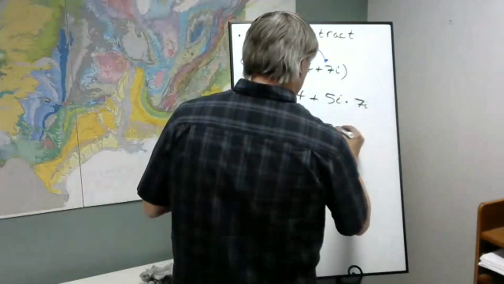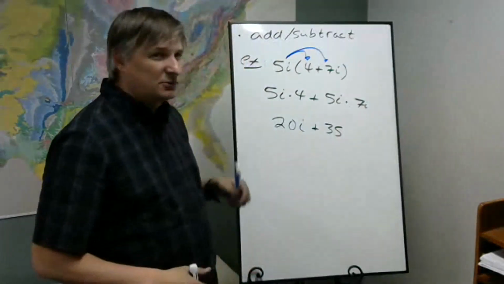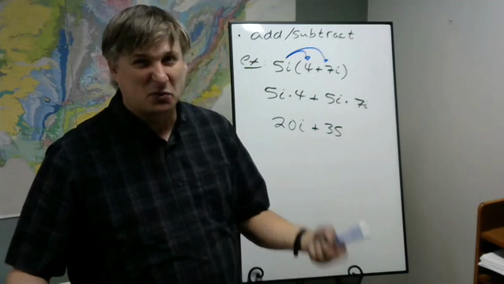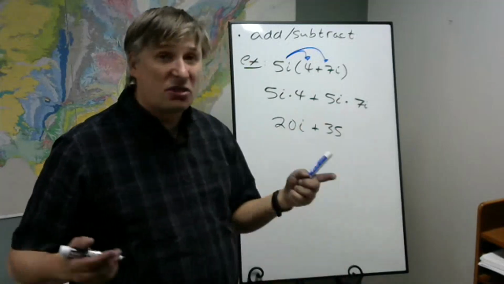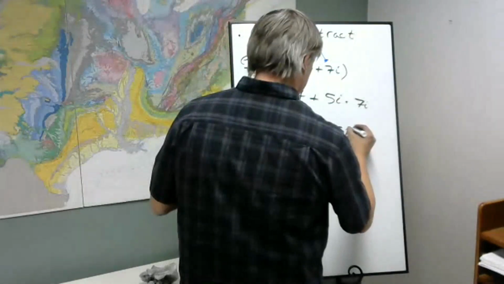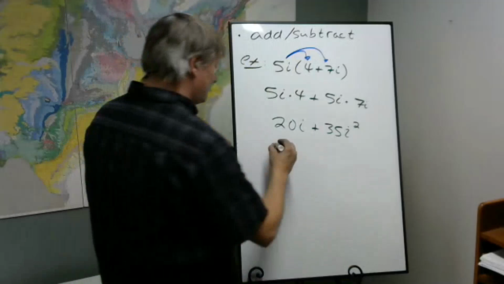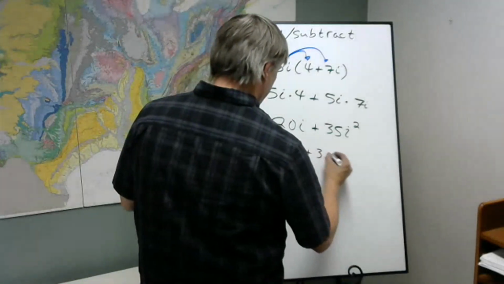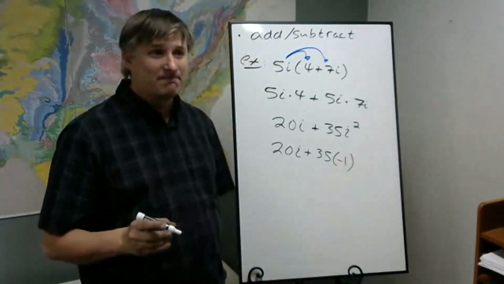But we have i times i. So like 5x times 7x would be 35x squared, 5i times 7i will be 35i squared. So what happens here? Well, remember what i squared means. i squared equals -1.